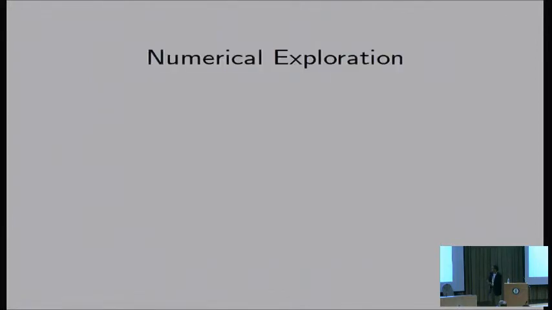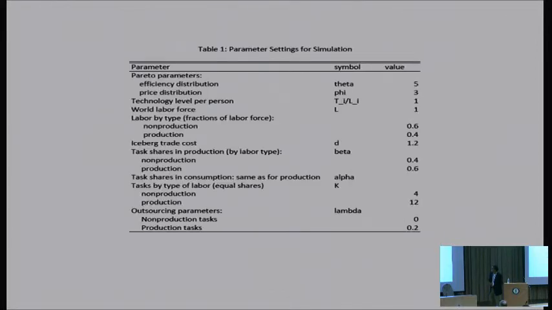Okay, so I want to get to these numerical explorations while we still have some time. Because I think to some degree, you might understand the model more easily by just seeing what comes out of it. So we're going to pick some parameters. We have to pick those couple of Pareto parameters. We just normalize the world labor force to be 1. We basically make the technology levels neutral across countries. We're going to have 6 countries with different size labor forces where the sum of those equals 1.